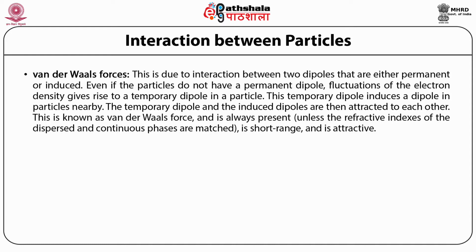A temporary dipole in one particle can induce a dipole in the nearby particles as well. So both these dipoles, that is temporary and induced, are attracted towards each other owing to the van der Waals forces. These forces are always present unless the dispersed and continuous phases have the same refractive index. These forces are short range and are attractive.